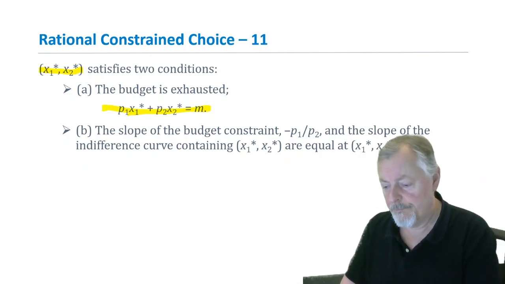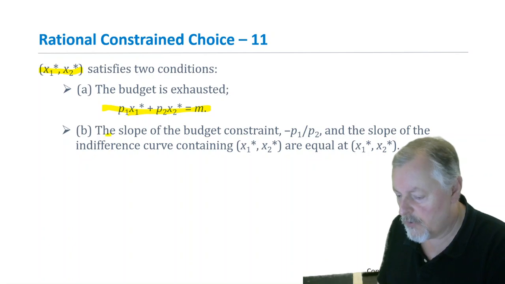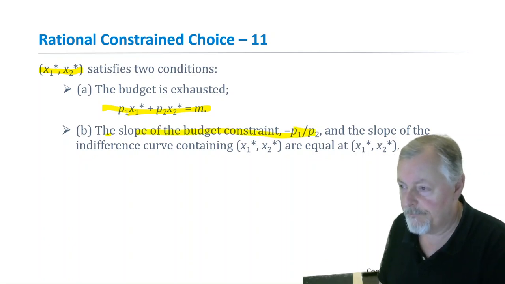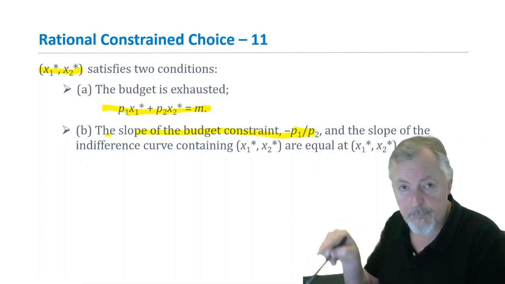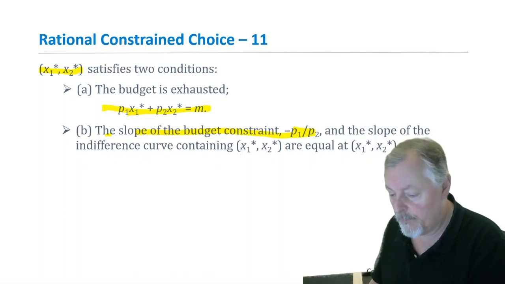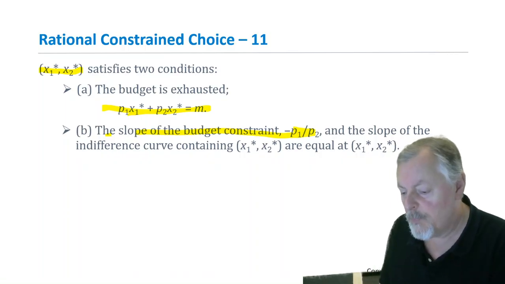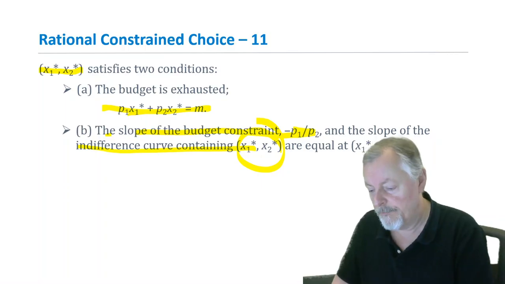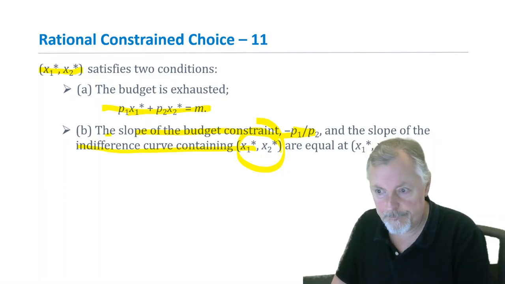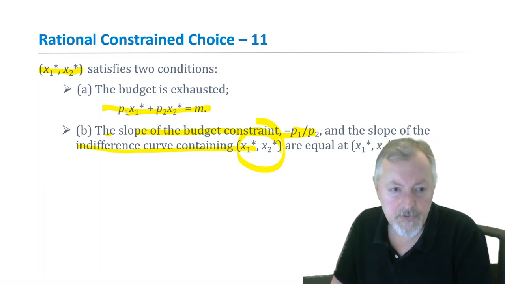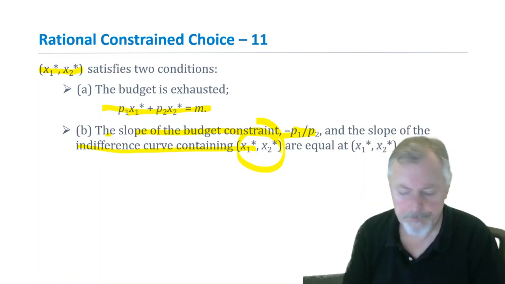And we know that the slope of the budget constraint, which is the negative of the price ratio, and the slope of the indifference curve that contains that optimum bundle will be the same. The slopes will be the same because it's a tangent point.